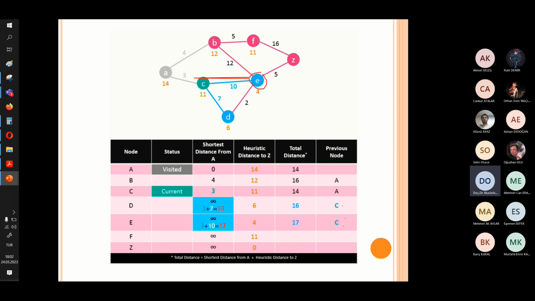The actual cost will be 10 plus 3, that is the Gn value, 13, plus the heuristic value 4.